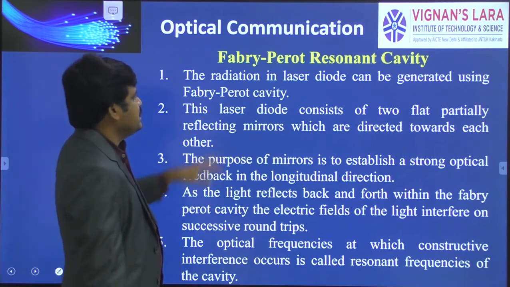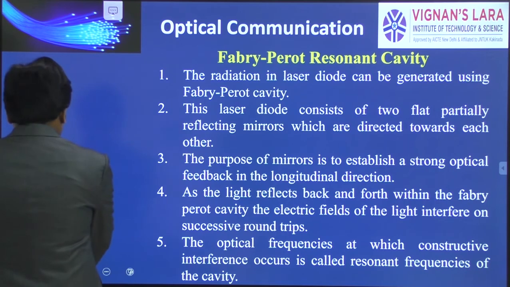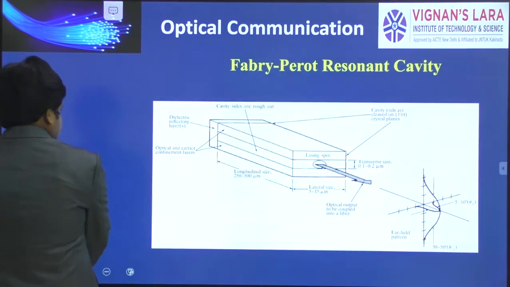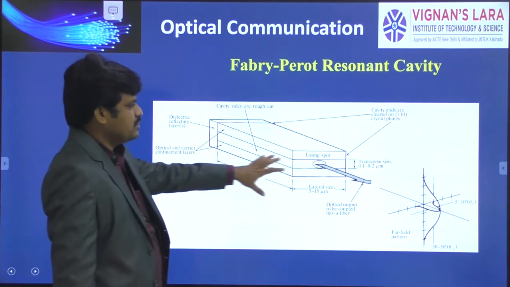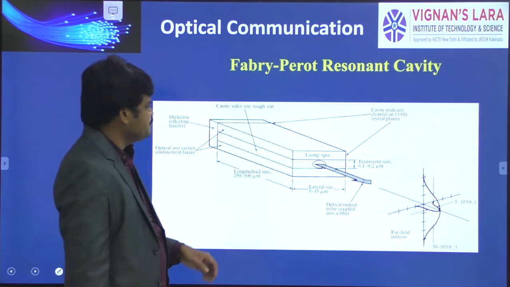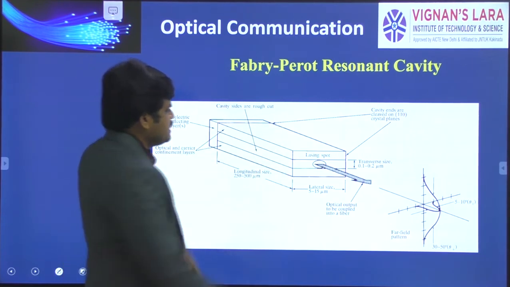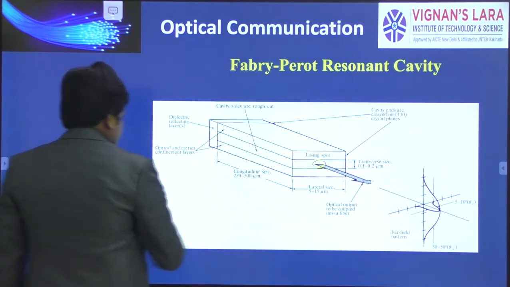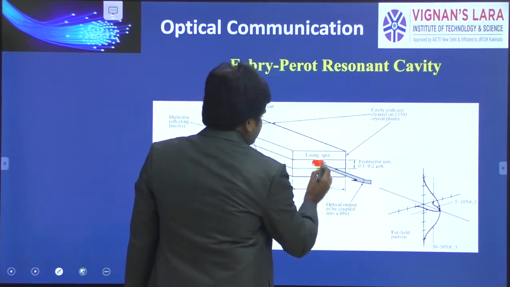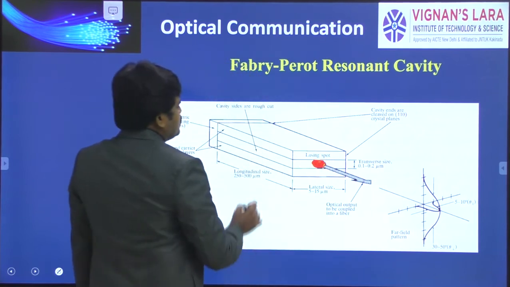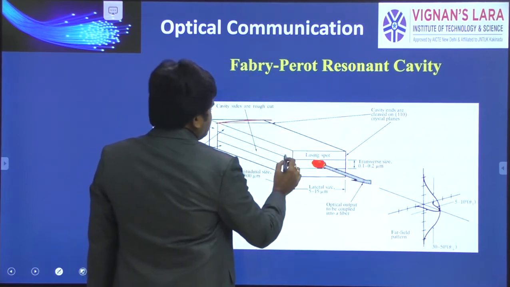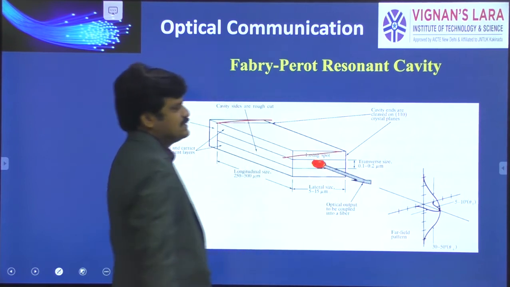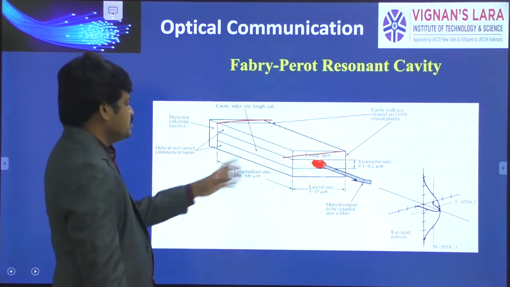Here you can see the Fabry-Perot resonant cavity. There is a lasing spot here. At the two ends there are two mirrors.